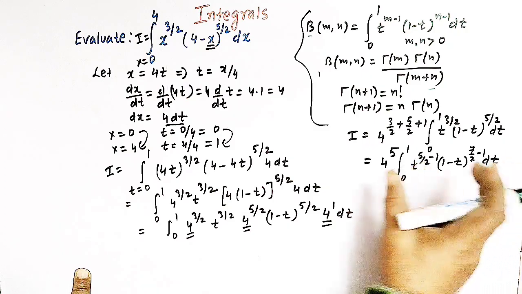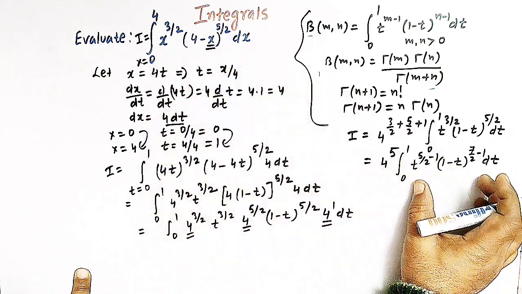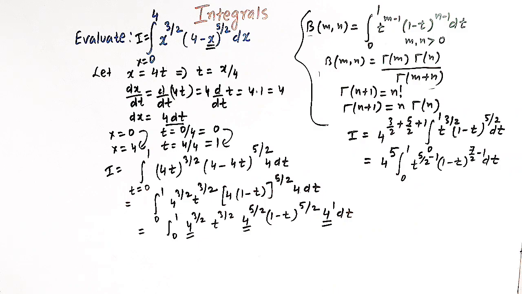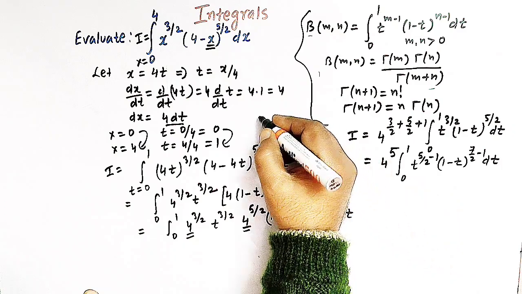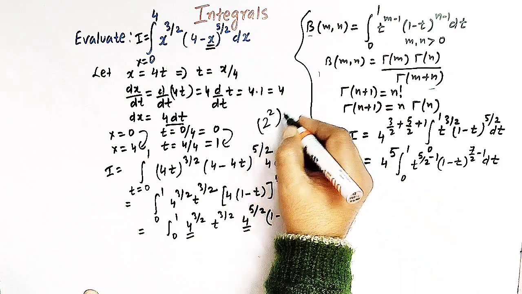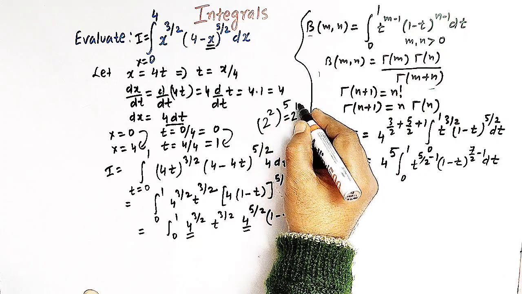So now this integral is converted into this form, which is similar to the beta integral. Now 4 raised to 5 can also be written as 2 squared raised to 5. So we have 2 raised to 2 times 5 is 10.